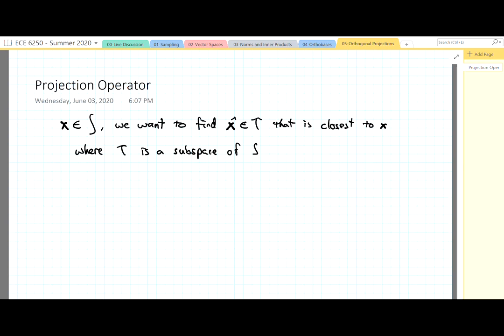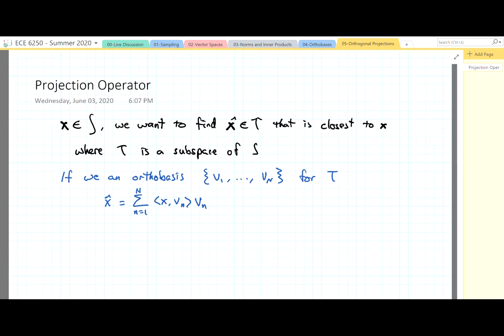We've already seen now that if we have an orthobasis, and we're going to talk about what to do if we don't have an orthobasis later, but for now, if we have some orthobasis for t, then we know that x hat is equal to the sum of the projection onto each of the basis vectors times that basis vector.